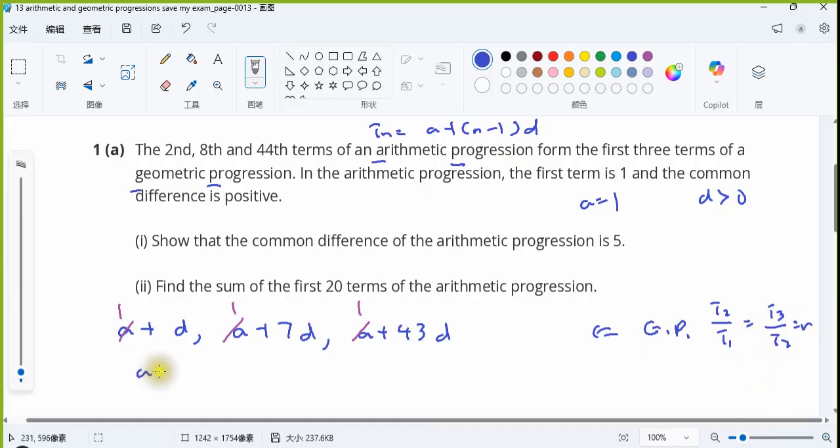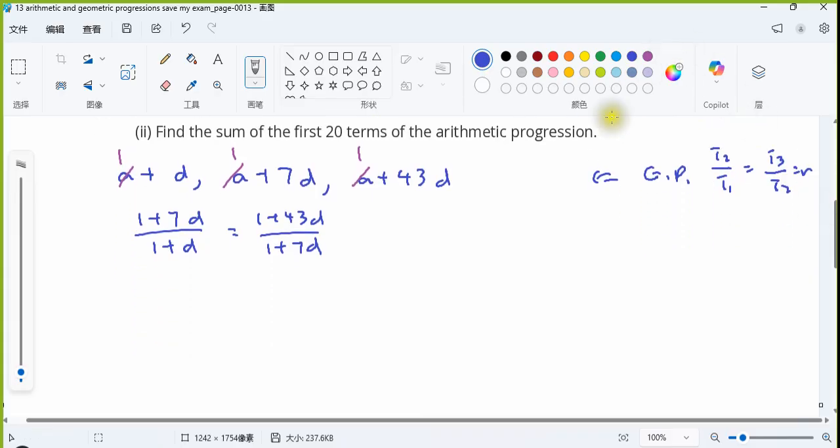So we have (1 plus 7D) over (1 plus D) is equal to (1 plus 43D) over (1 plus 7D). Okay, so cross multiply: (1 plus 7D) squared will be (1 plus 43D) multiplied with (1 plus D).